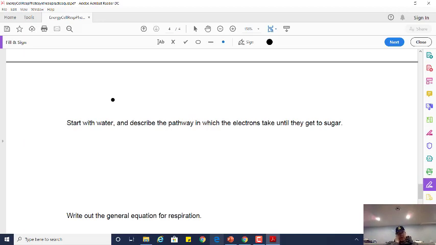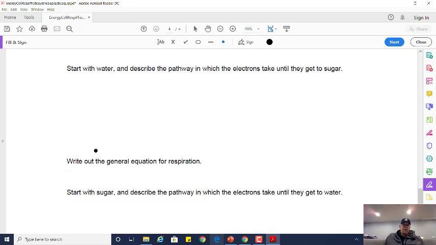From there, they get excited with energy again, and then they go to something called NADP reductase, which incorporates those electrons into NADPH, which then goes into the stroma of the chloroplast, and then during the second stage, the dark reactions, the Calvin-Benson cycle with the CO2 reduction, that's when those electrons get put into the sugar.